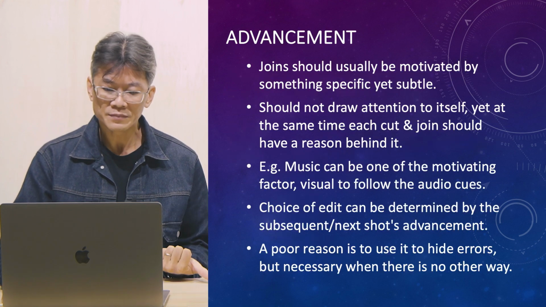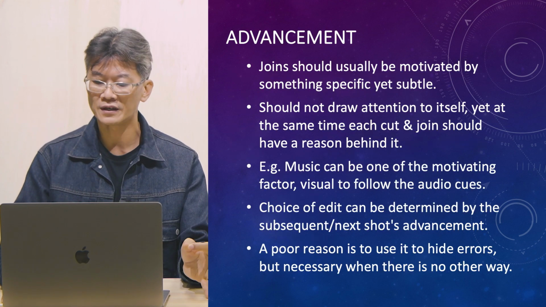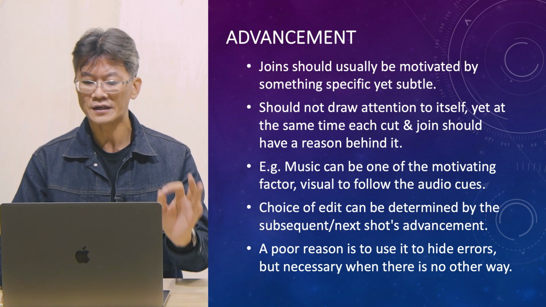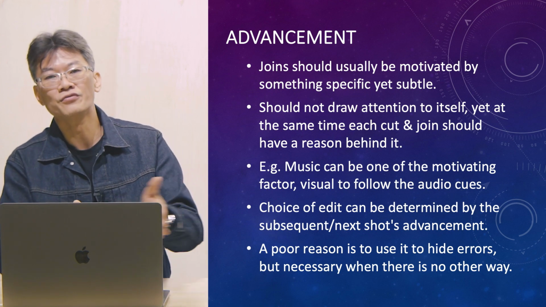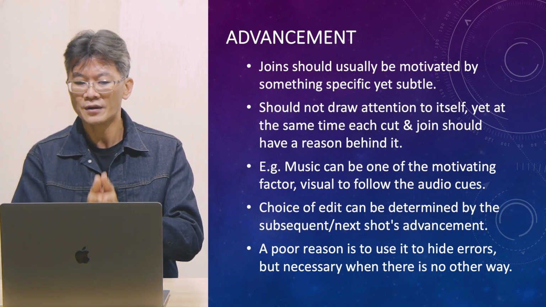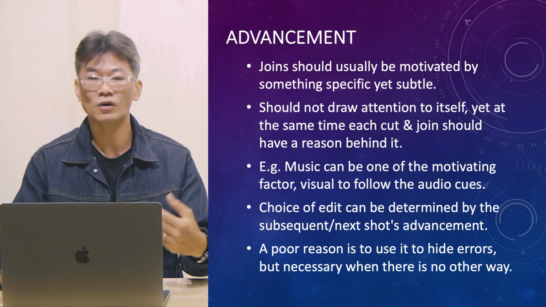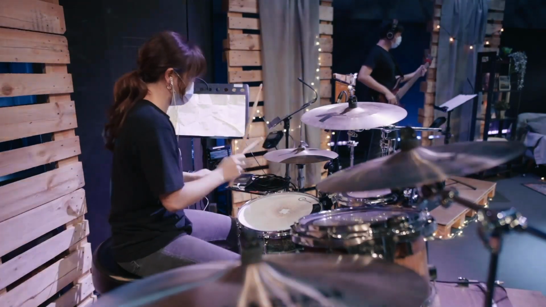Now, advancement means the joints are usually motivated by something specific yet subtle. It should not draw attention to itself, yet at the same time, when you cut a joint, it should be with a reason behind it. Music can be one of the motivation factors, with visuals following the audio cue. When you hear the drums, you cut to the drum shot, for example.